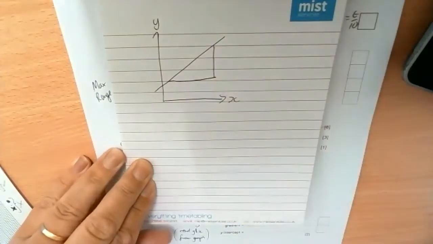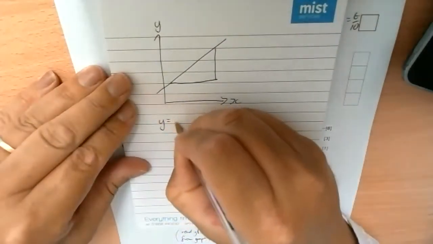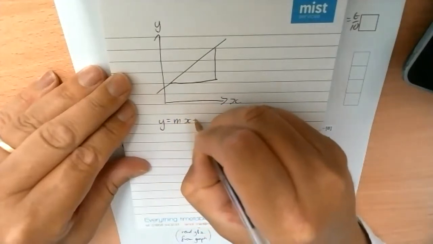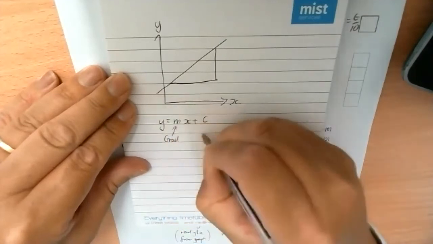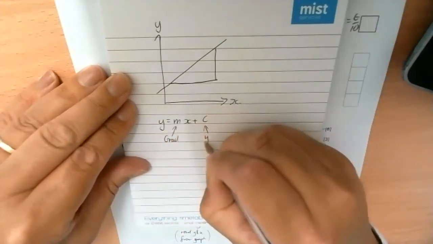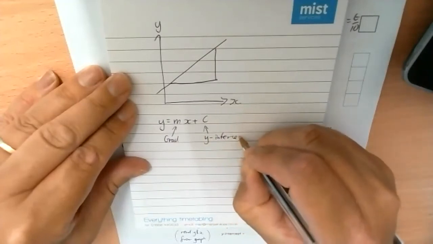The mathematical formula for a straight line is y equals mx plus c. m is the gradient and c is the y-intercept, which you've asked me how you find.